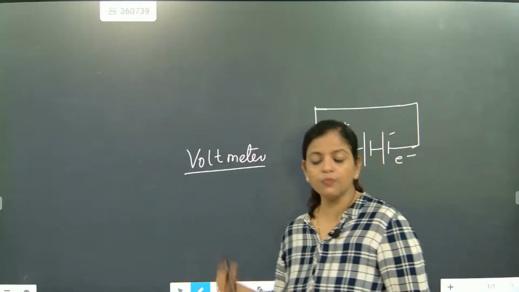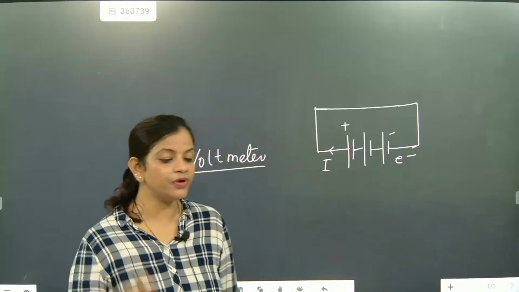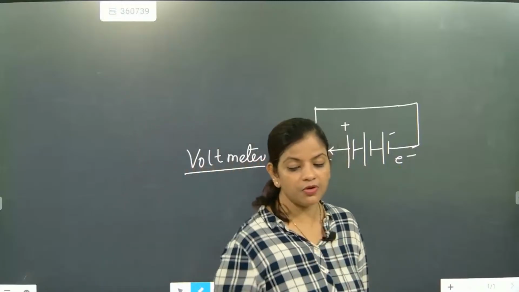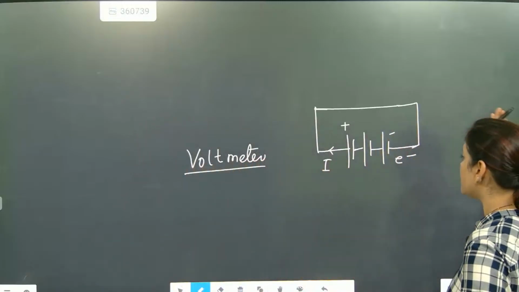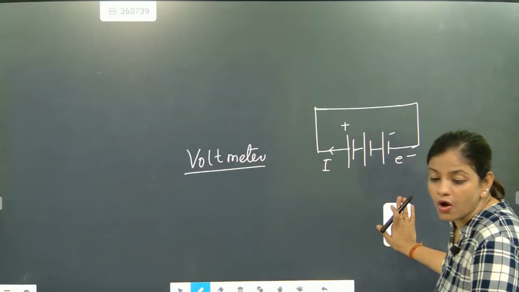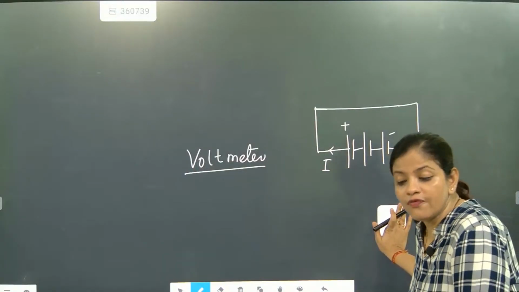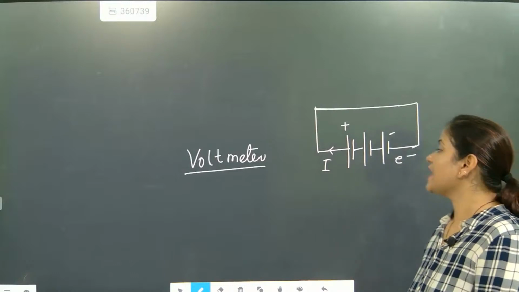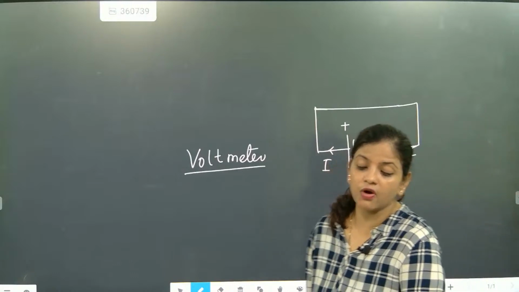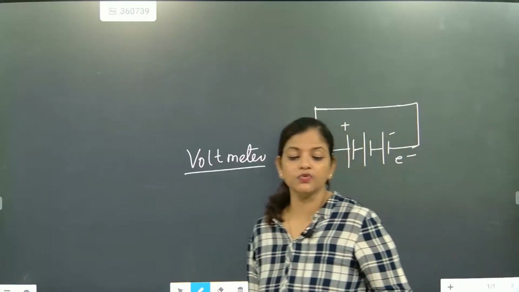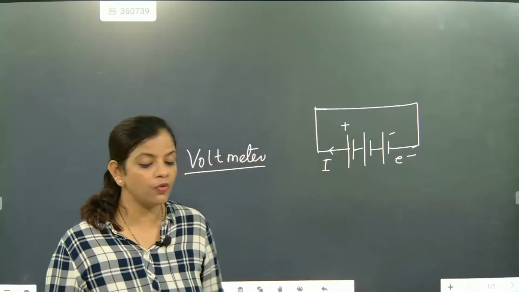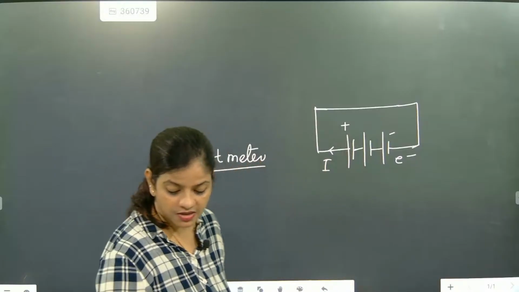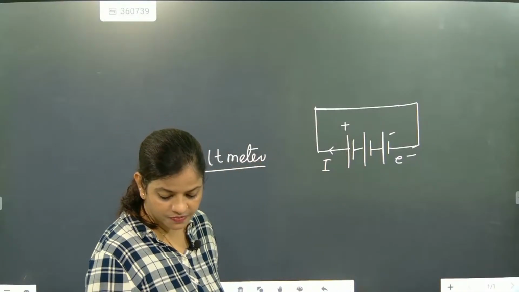Negative terminal to positive terminal. So when somebody asks you about the flow of electrons, it is from the negative terminal to the positive terminal, and the flow of charges is always from the positive terminal towards the negative terminal. I hope everybody got it.